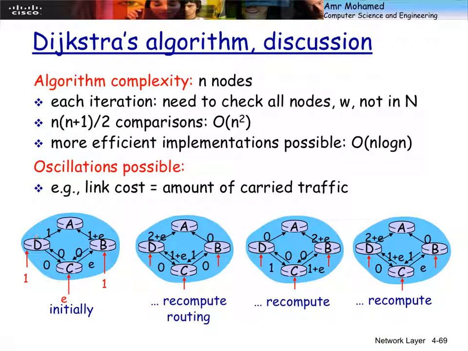Okay, we need to send it from D to A, and we need to send E units of traffic from C also to A, and we need to inject 1 unit of traffic from B to A. Okay? So this is the current situation.